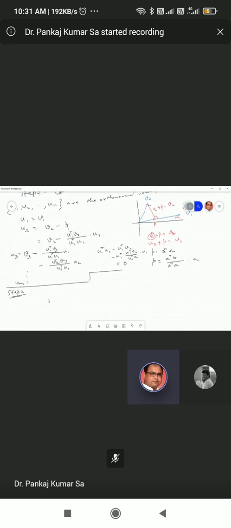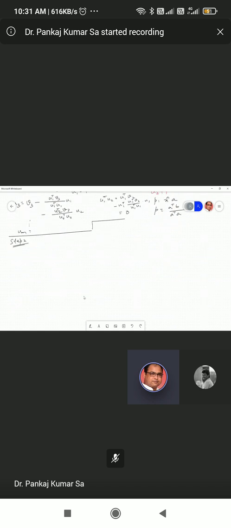What is the way to normalize? Divide it by its length. So U1 is equal to, what is the length formula? The length formula is the square root of U1 transpose U1.